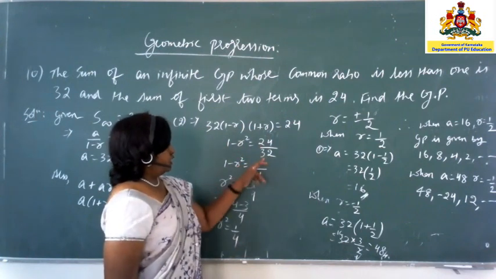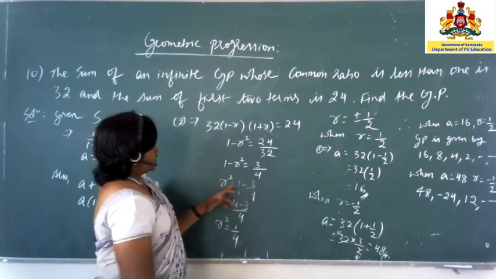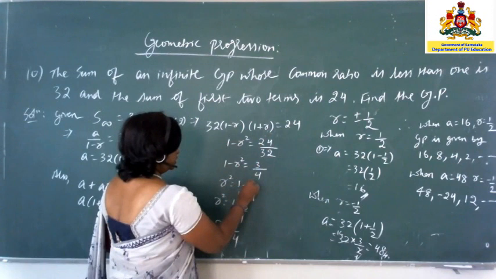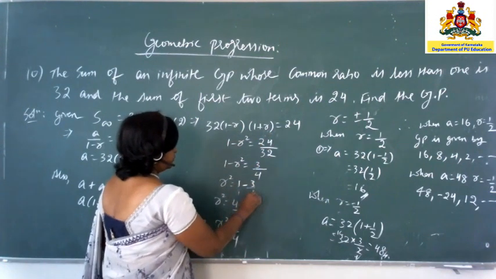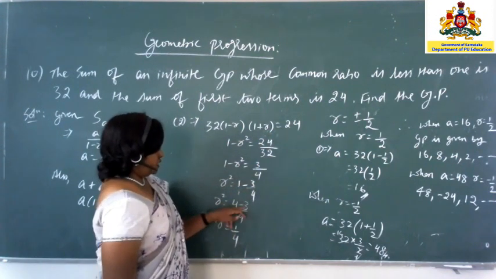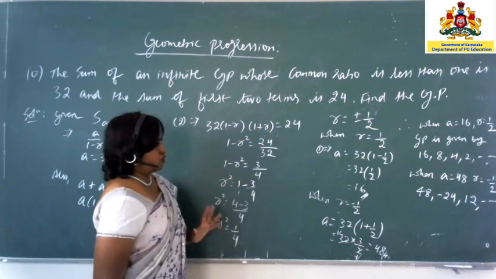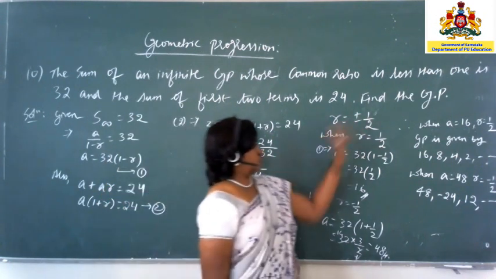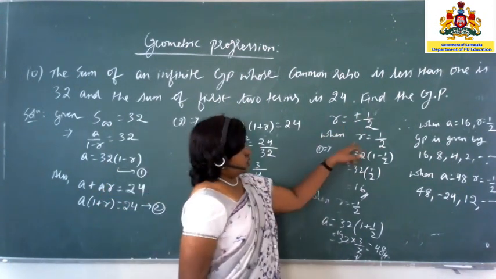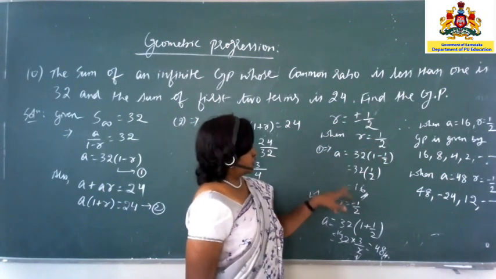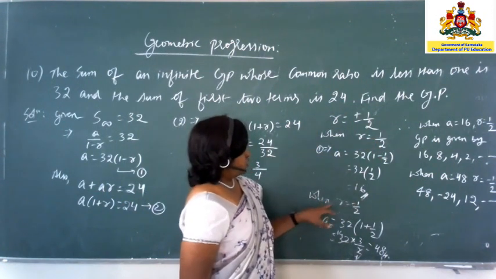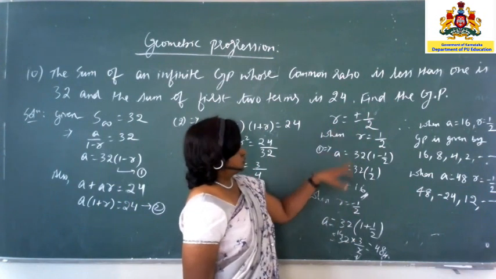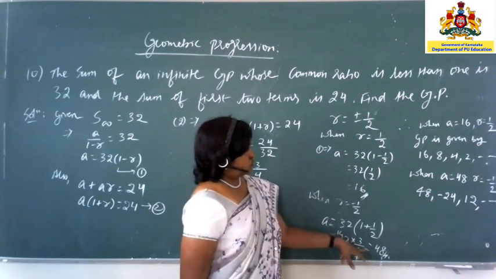So 8 into 3, 8 into 4. So R square is equal to 1 minus 3 by 4. So take the LCM, 4 minus 3 by 4. So R square is equal to 1 by 4. R is equal to plus or minus 1 by 2. Substitute R is equal to 1 by 2. So you get the A value as 16. And substitute R is equal to minus 1 by 2. So you get the A value as 48.